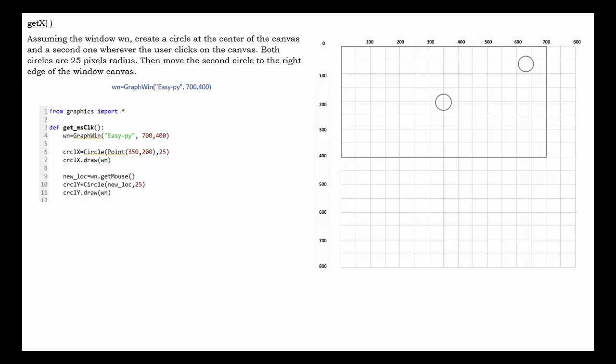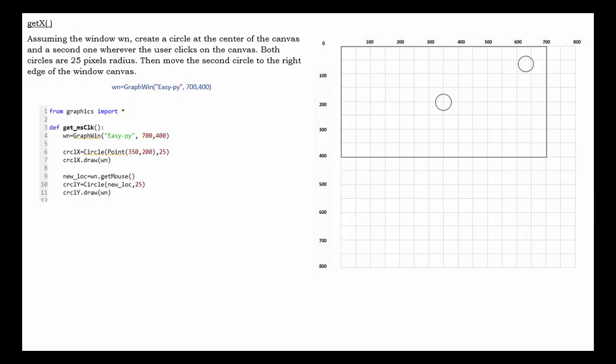The assignment says to create two circles, one in the center of the canvas, one at whatever spot the user may click the mouse. And the new part is the program has to move the second circle from whatever location it happened to be to the right edge of the canvas and move that circle horizontally.